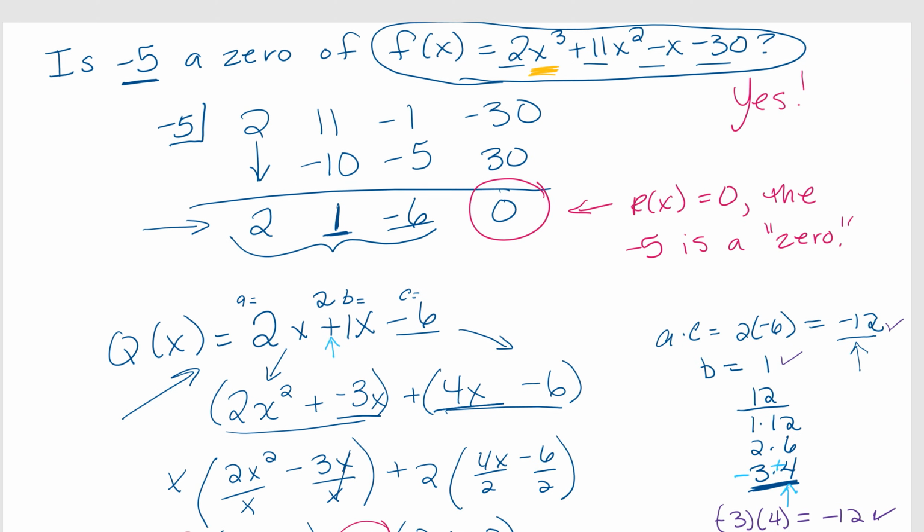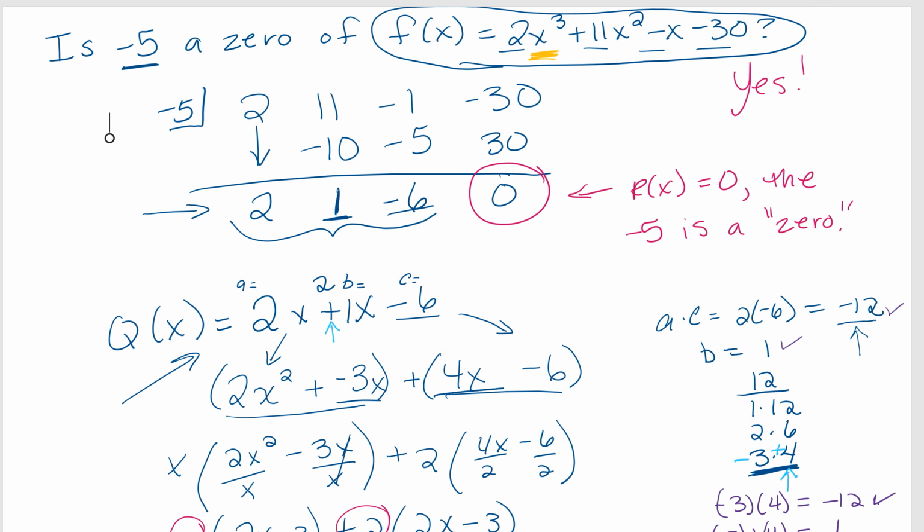And the way to think about this is if -5 is a 0 of the function, then -5 has to do with a factor of the function. So what we're going to do is basically say x is -5. So how would I write this in factored form? Well, I want to set this equal to 0.